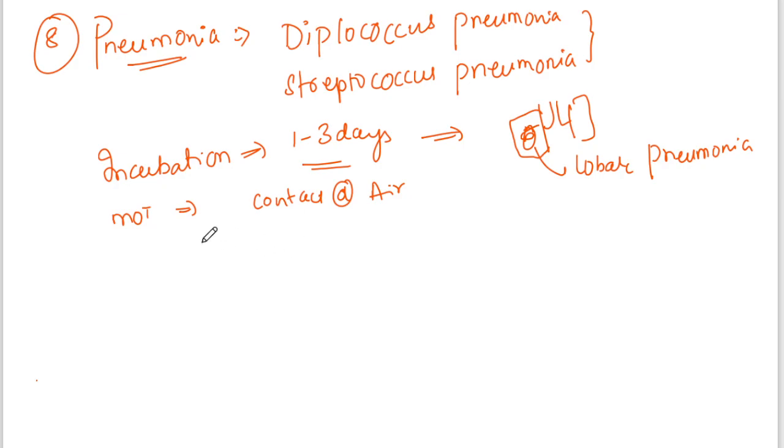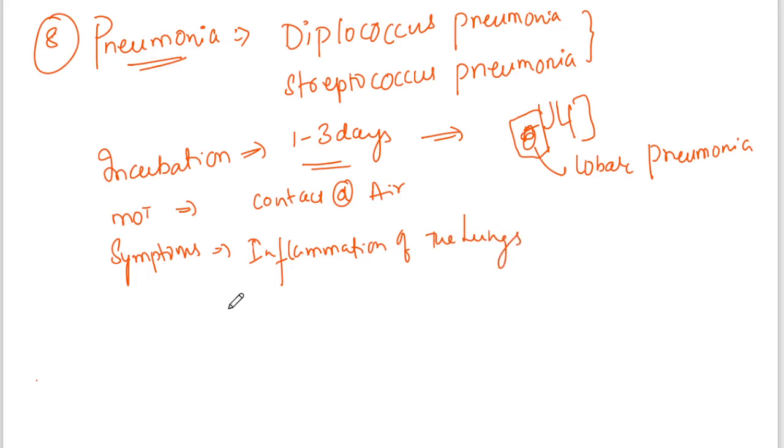What are the symptoms of pneumonia? Symptoms of pneumonia are inflammation of the lungs, and the second symptom is that the patient will get high fever, breathing problem, and they feel very fatigued.